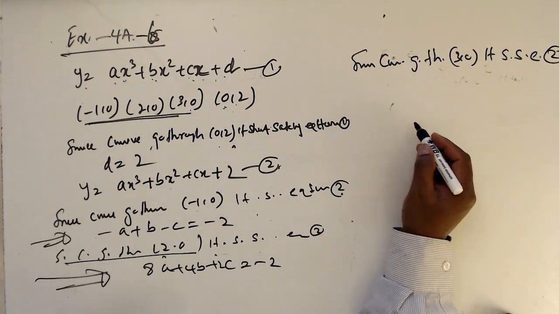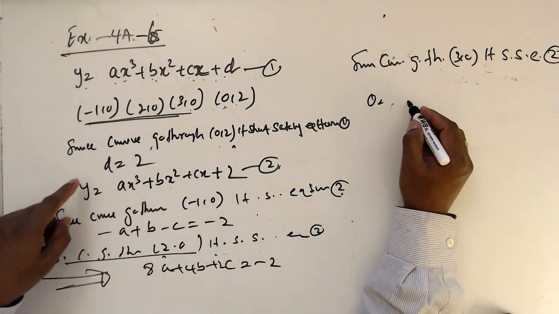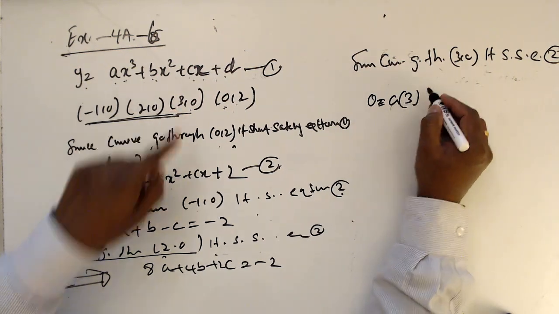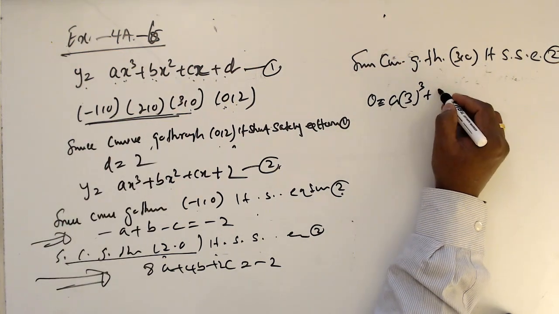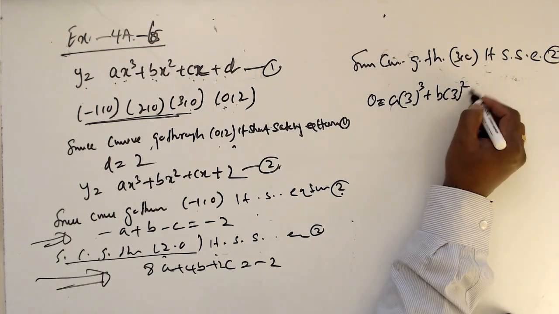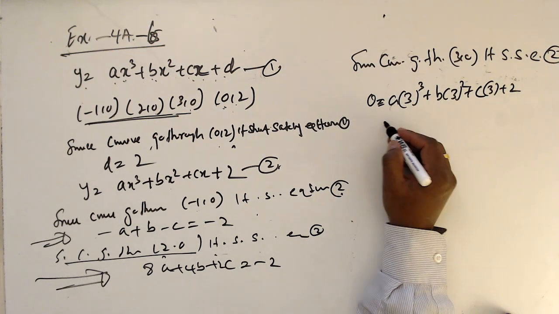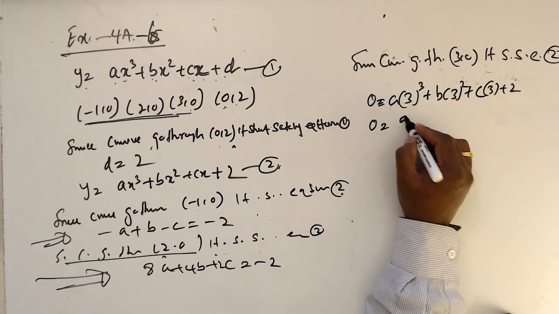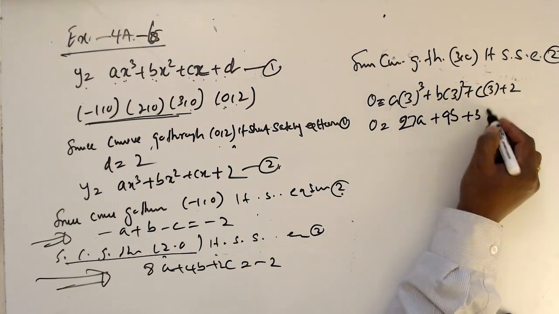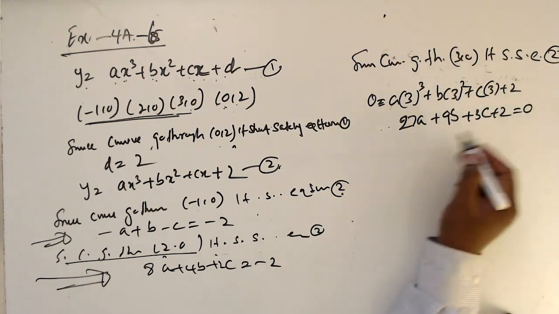Then the y value is now 0, a times 3 cube, and b times 3 square, then c times 3 plus 2. 27a plus 9b plus 3c plus 2 equals 0.